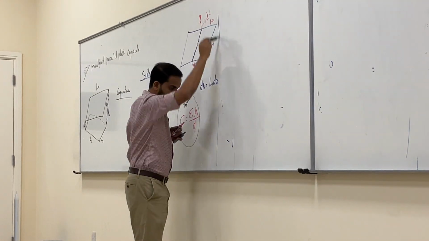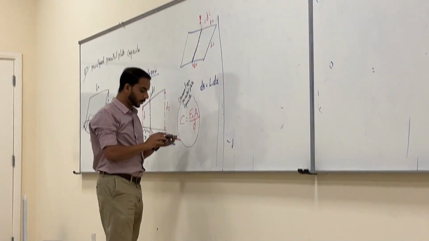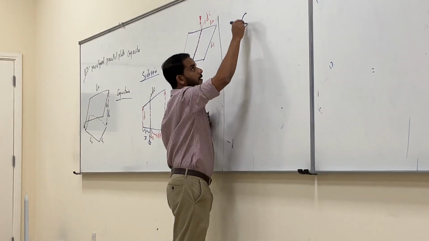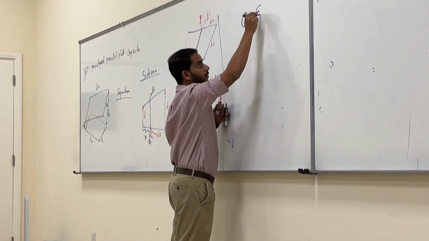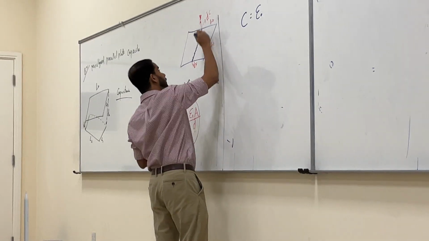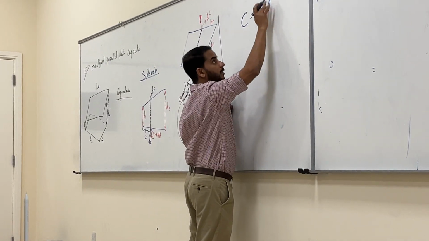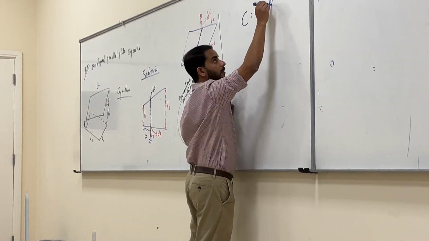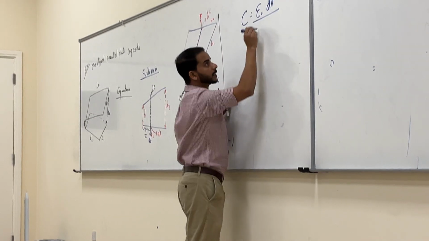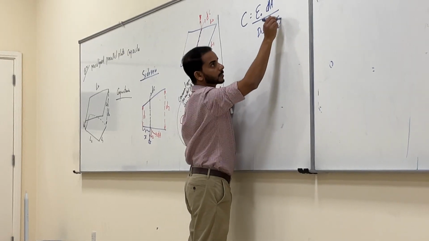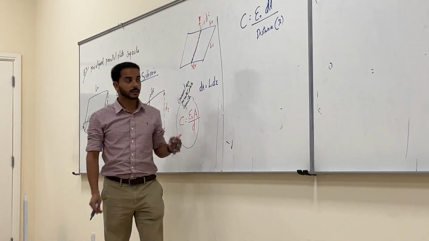But in this case, for a small capacitance, C is equal to epsilon 0, and I'm talking about the capacitance on the small area, so this is dA, over some distance which is changing as a function of x.